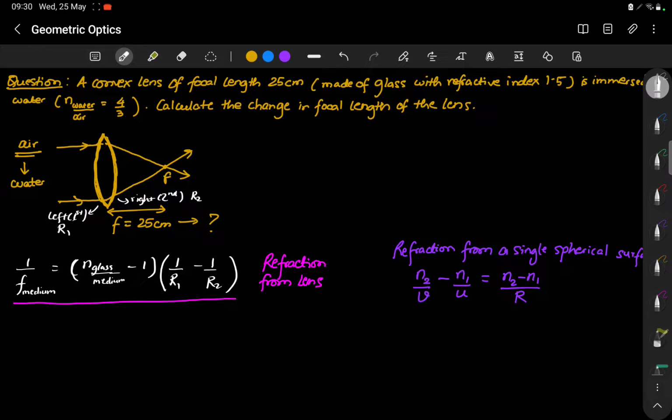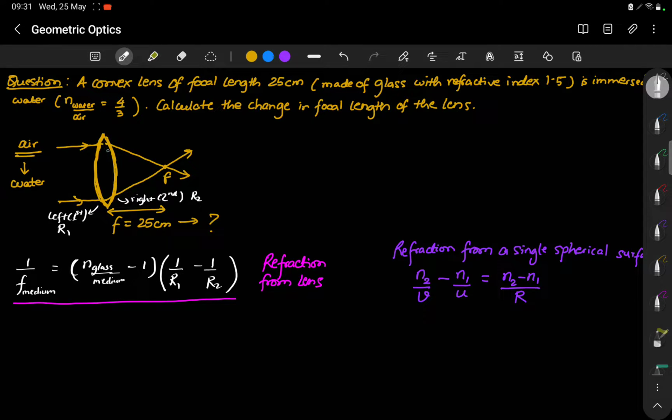Now in this formula there are various terms. Let me just explain what these terms mean. R1 and R2 are the radii of curvature of the two surfaces. F medium is the focal length of the lens when it is immersed in a given medium. If it is air, then for air we have this focal length given as 25 centimeters. If it is some other medium, then we will find out the focal length in that medium. This term, N glass with respect to medium, is the refractive index of glass.